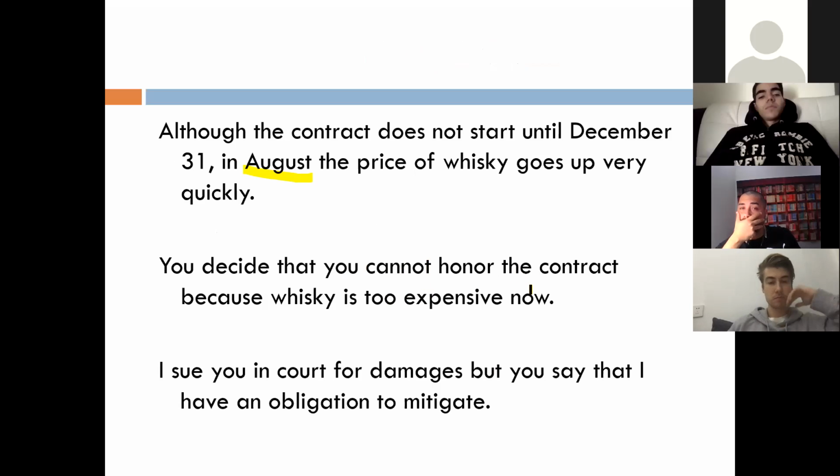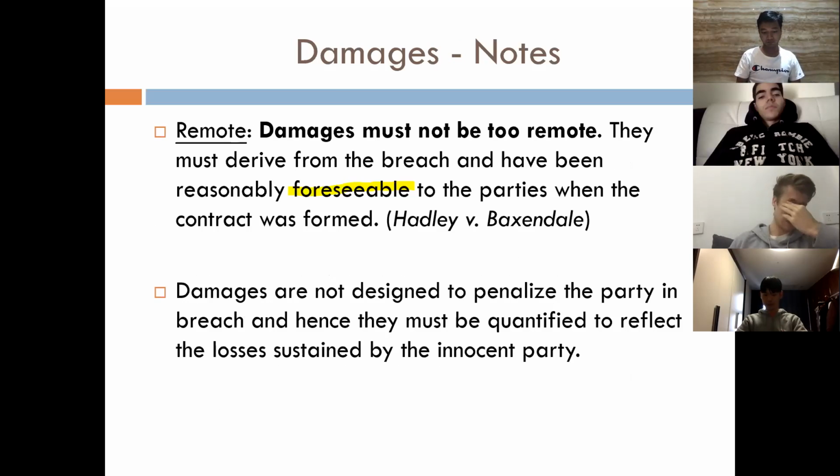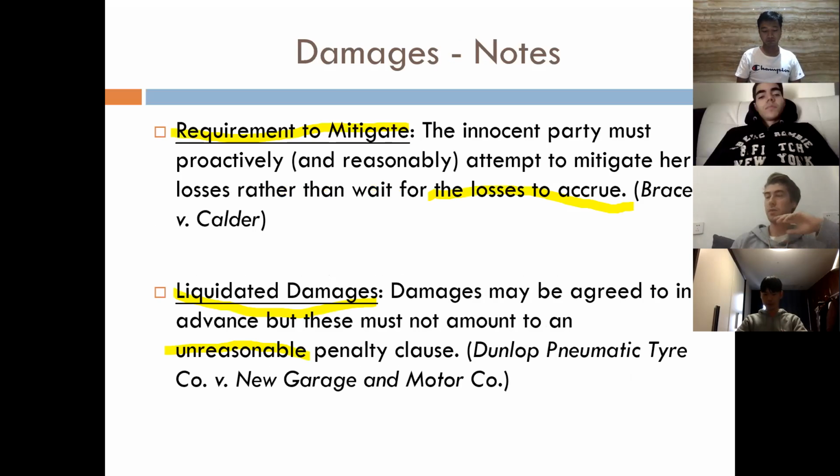So I sue you in court, but you say I have an obligation to mitigate. What does that mean? I have an obligation to mitigate. Harry, what does it mean? It was to do with, if you sustained losses, you have to do something about it.